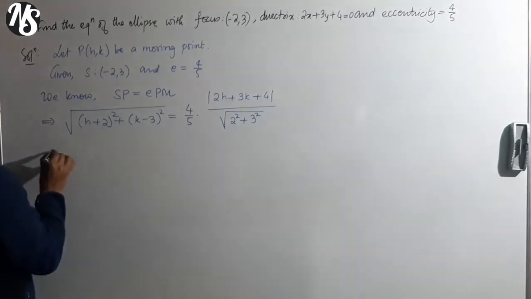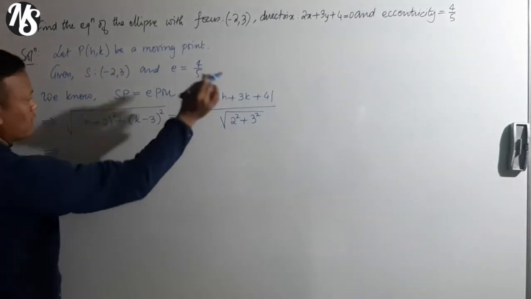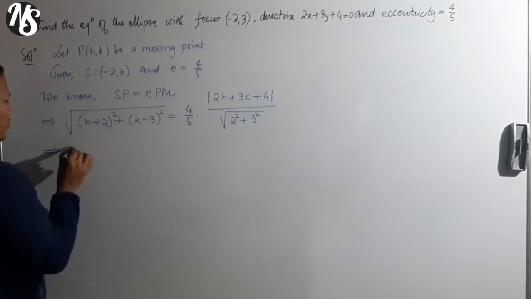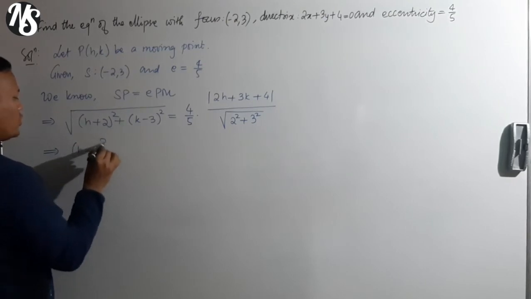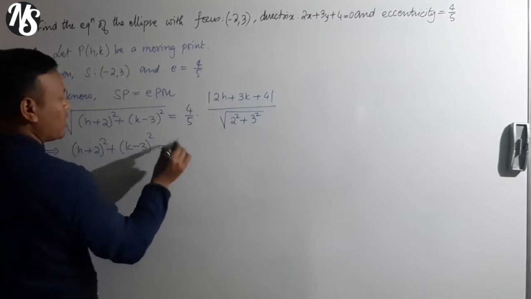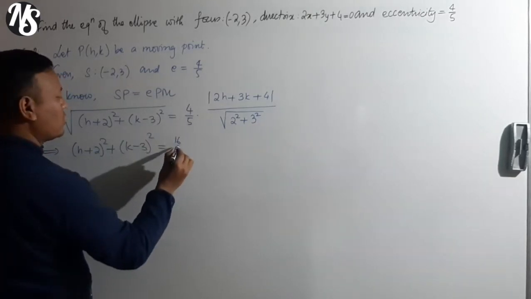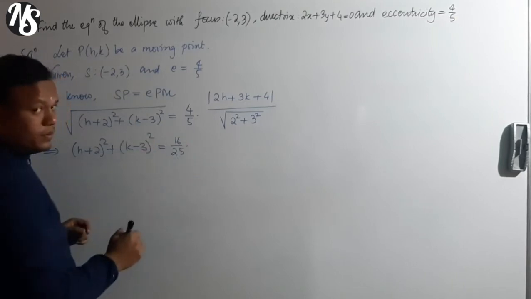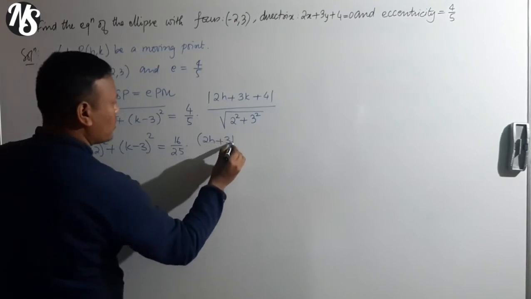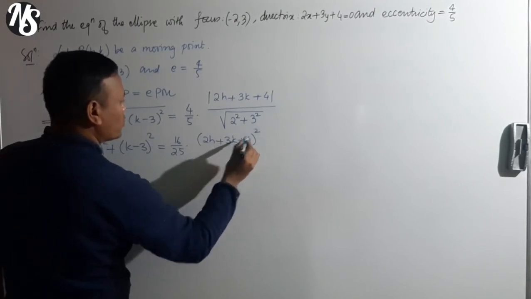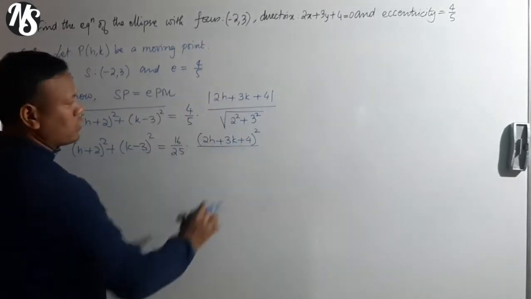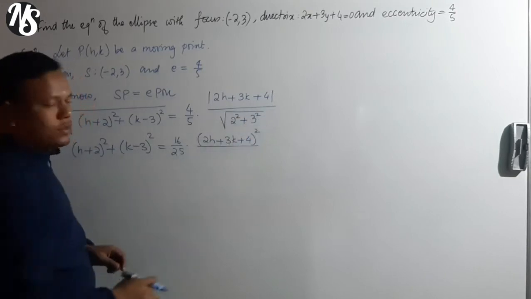So if I do that, we will get, okay, for now let's keep it as it is. We have (h + 2) whole square plus (k - 3) whole square here. After squaring, this becomes 16/25 times (2h + 3k + 4) whole square divided by, now the square root sign vanishes, 2 square is 4 plus 3 square is 9.